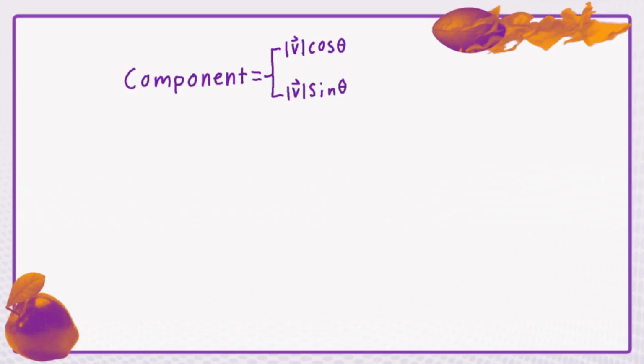The first equation we'll go over is one that is used a lot in physics courses. This equation says that the component of a vector is equal to the magnitude of the vector times cosine or sine of the vector's angle, theta. This equation can be used to convert magnitude and angle to vector notation for i and j, but not for k.